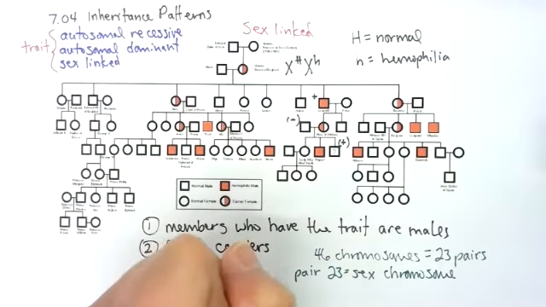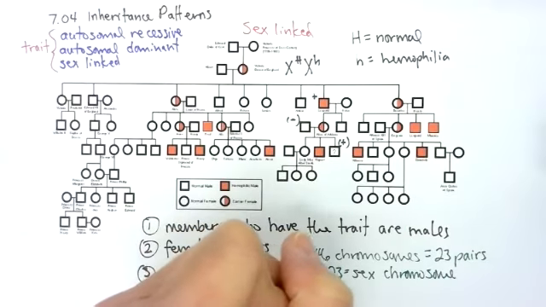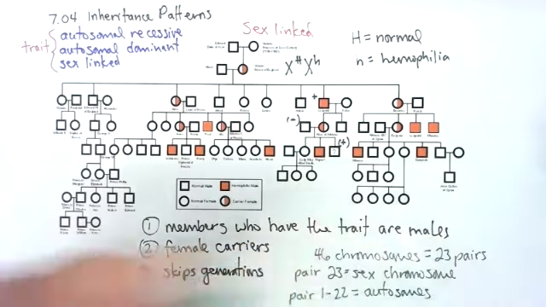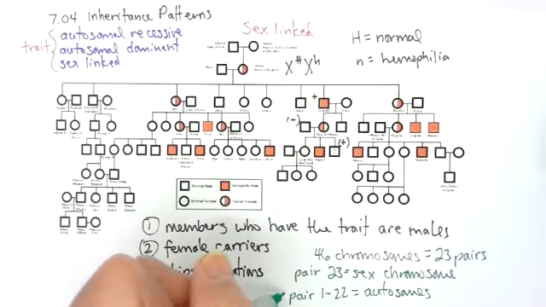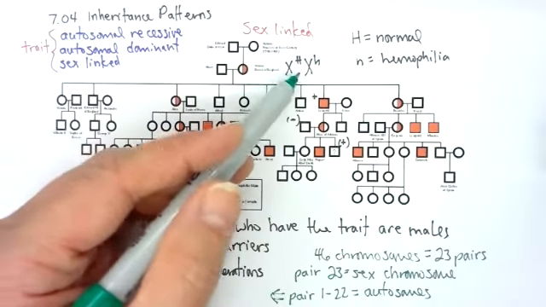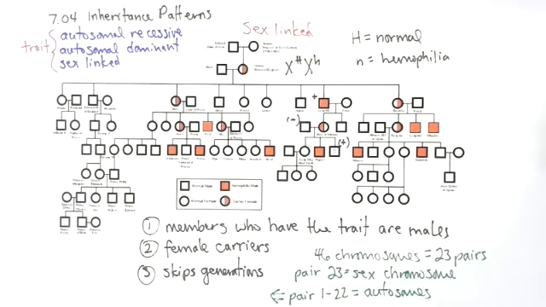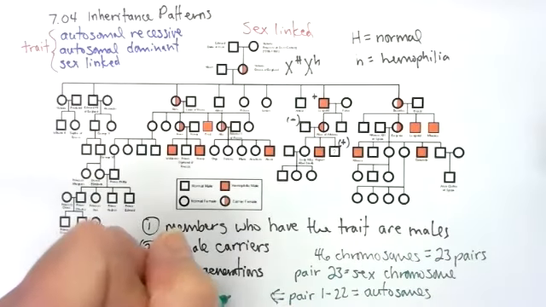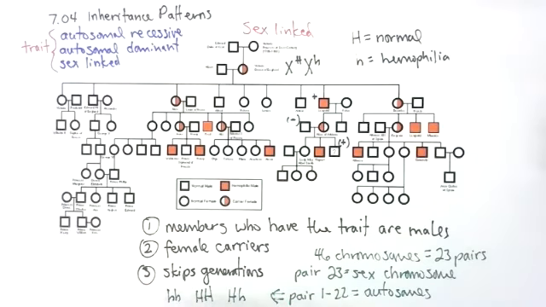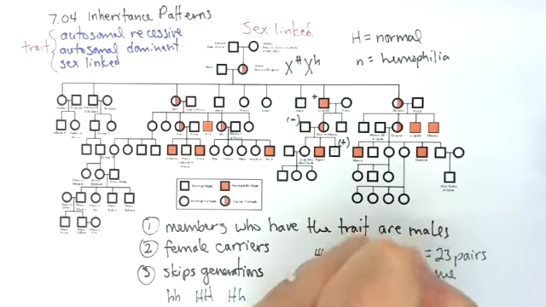But pairs 1 through 22 are autosomes. And if we have a genetic trait that is on pairs 1 through 22, we don't have to worry about writing the base X or the base XY. Males and females are the same here. So if this trait was autosomal, we would just write HH or Hh or hh because it's the same male to female.